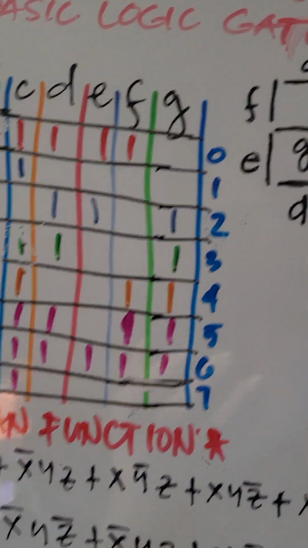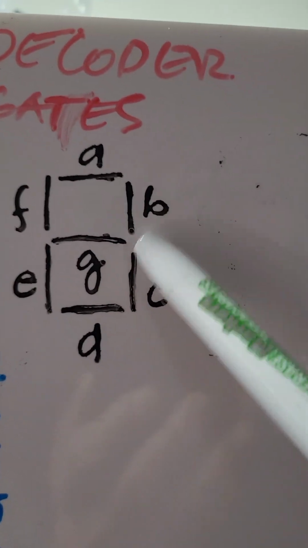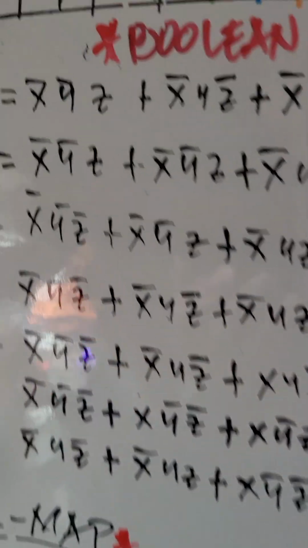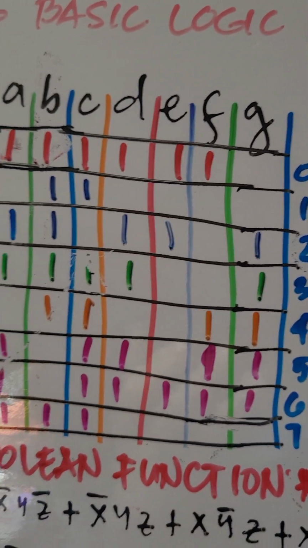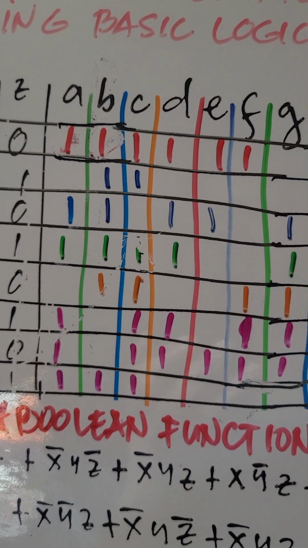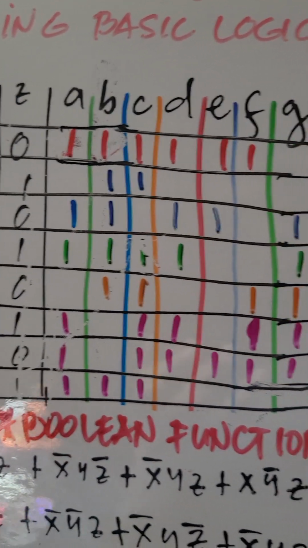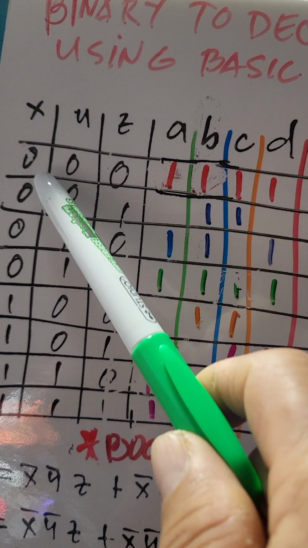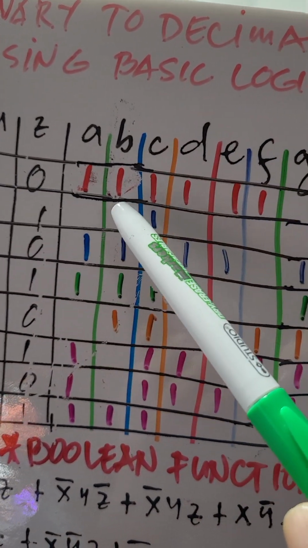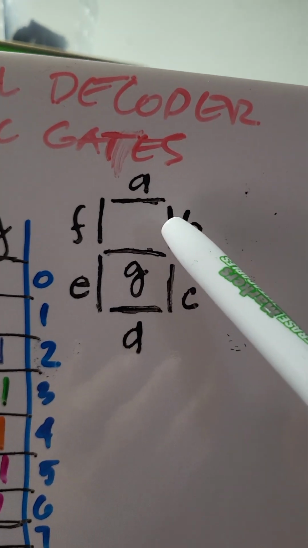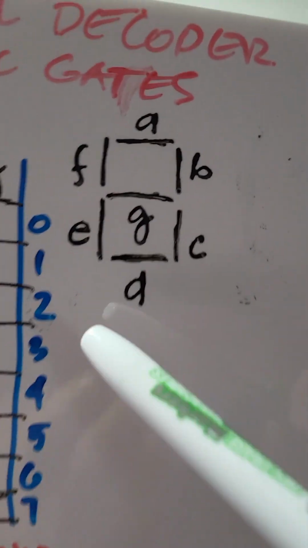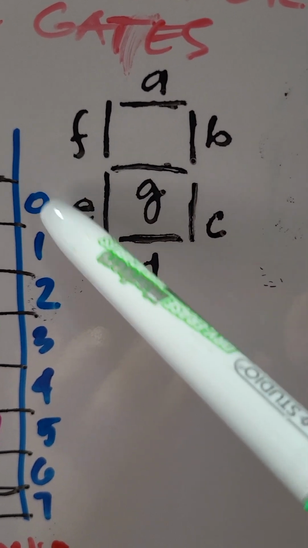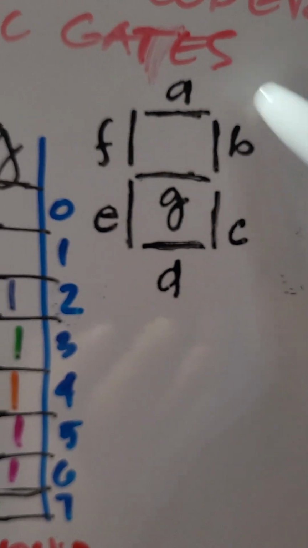Like for example this one that we decided to have this output from 0 to 7. So from this truth table that we made from our last video, at the count of 0, 0, 0, our display output is 0, so must be A, B, C, D, E, and F. Okay, 0.